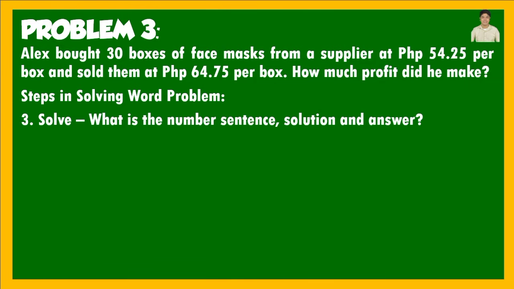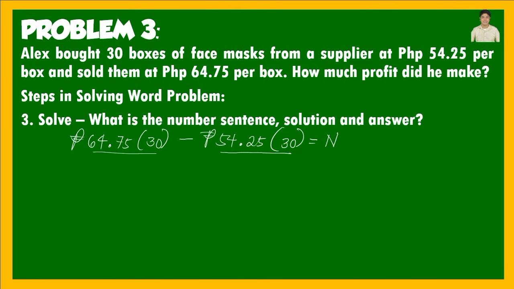So, let's have the number sentence. This is what the number sentence looks like: 64 pesos and 75 cents times 30 minus 54 pesos and 25 cents times 30 equals N. Now, we can multiply these two, then subtract the product of this. Or we can also subtract 64 pesos and 75 centavos and 54 pesos and 25 centavos, and then multiply the difference we get by 30.